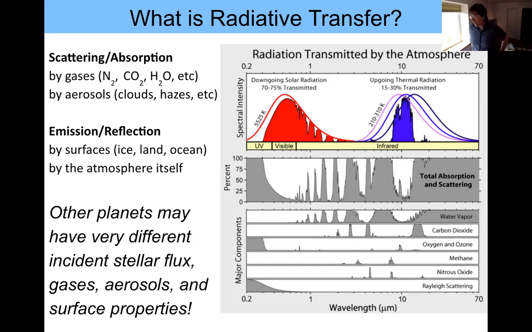So this is, I touched on some of these points, but this gives you a little bit more information on thinking about the different gases that we think about for terrestrial planet atmospheres. You have your downwelling solar radiation stream under the red curve, and then your upwelling thermal radiation stream under the blue curves, and then you can see the different important gases and where they absorb in the atmosphere, or the transmittance through the atmosphere between water vapor and CO2 and oxygen and methane, nitrous oxide, Rayleigh scattering.